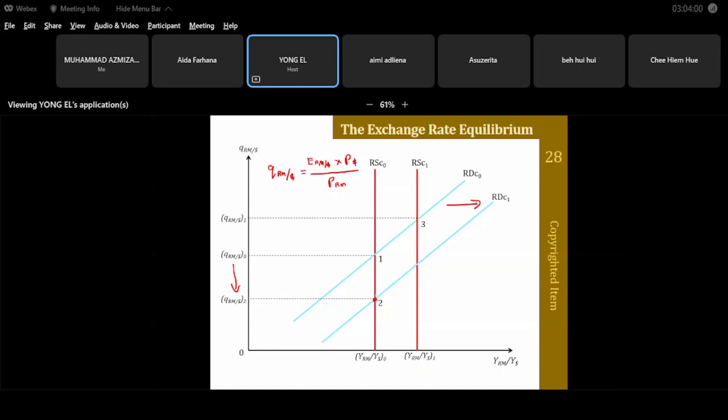Okay. Now, what happens is when demand increases at this previous exchange rate, when people increase the demand for Malaysian goods, that will push the local price to increase like this.